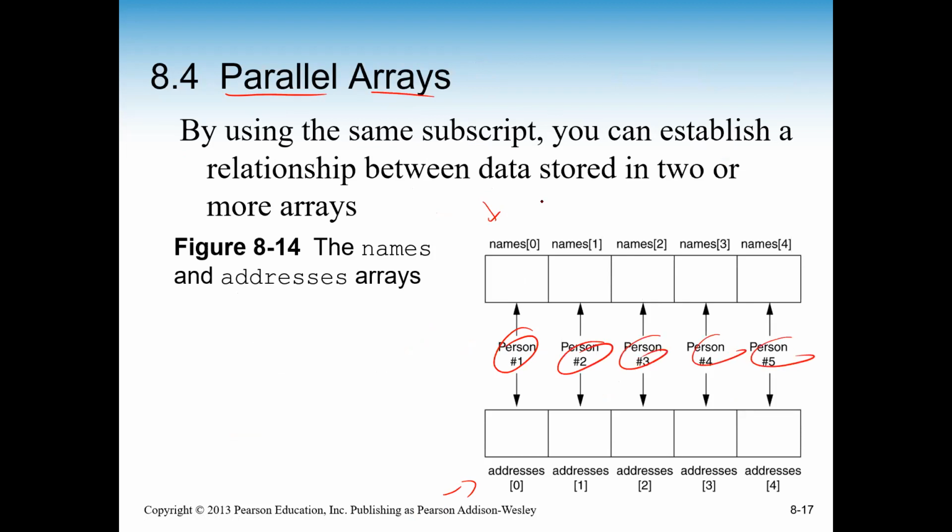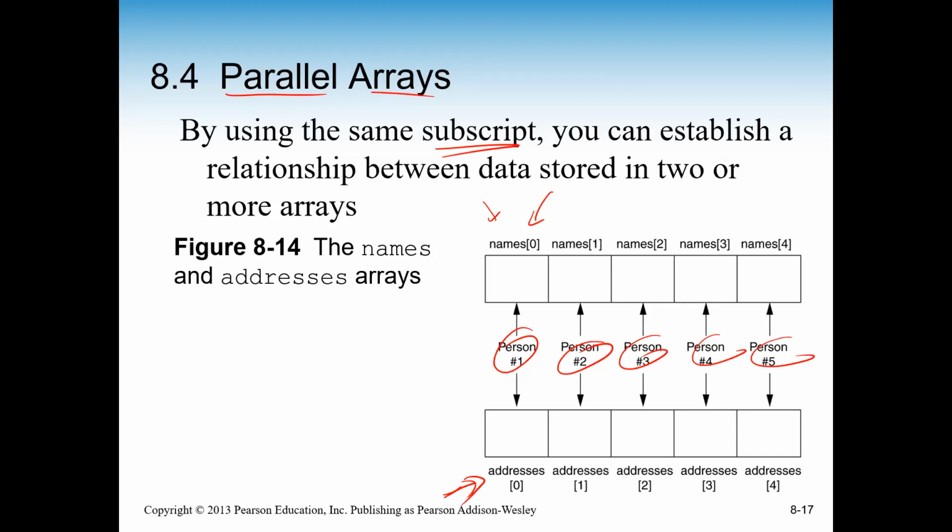At index 0, we have the first person, their name, and down here their address. Whenever we refer to index 1, we're referring to a person. By using the same subscript or index, you can establish a relationship between data stored in two or more arrays.